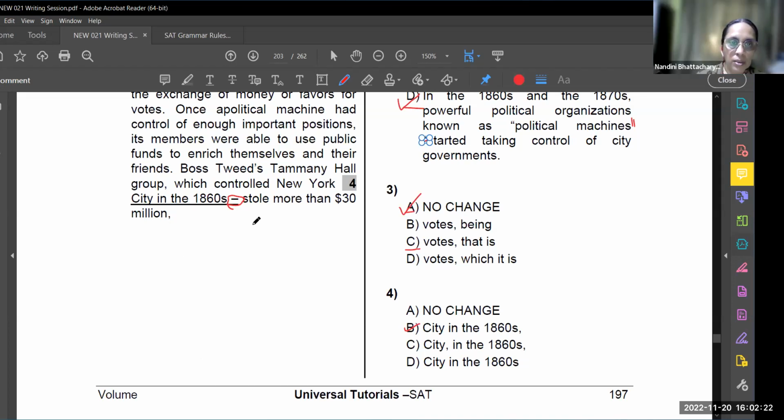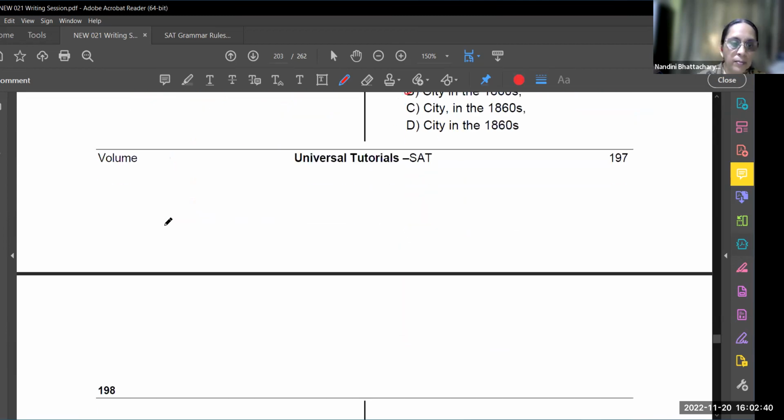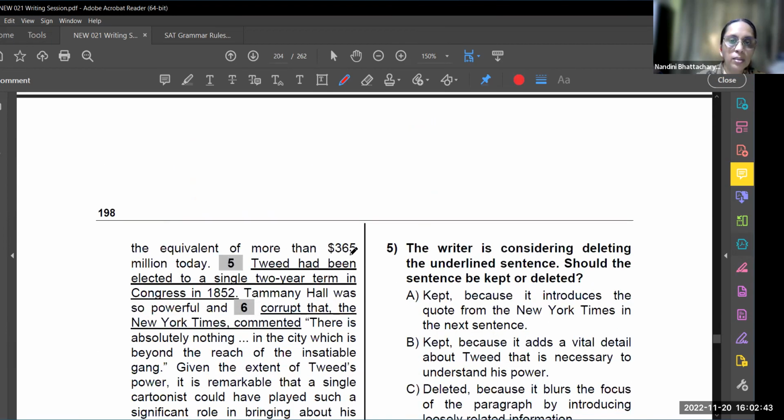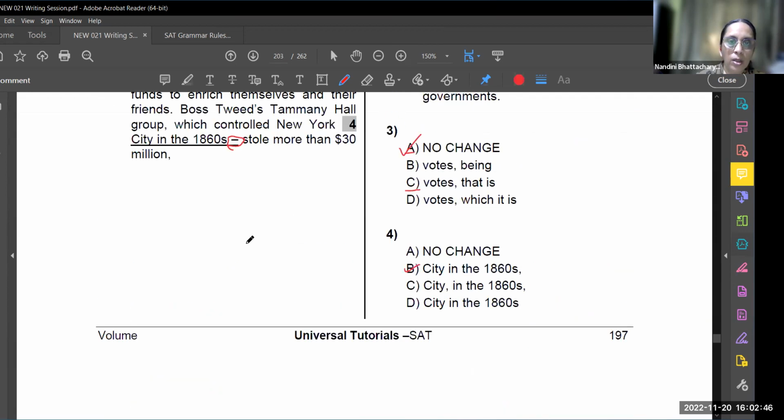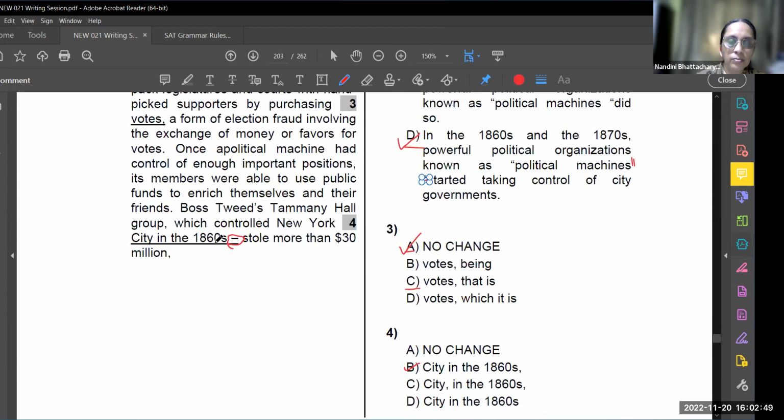It's not additional information. Okay, let's read the sentence. Why do we have a dash here? The boss tweets Tammy Hall Group, which controlled New York City in the 1860s, dash, stole more than 30 million, the equivalent of more than 365 million today. So what was the purpose of the dash over here? Was it separating something? Okay. Now read again. Boss tweets Tammy Hall Group, which controlled New York City in the 1860s.